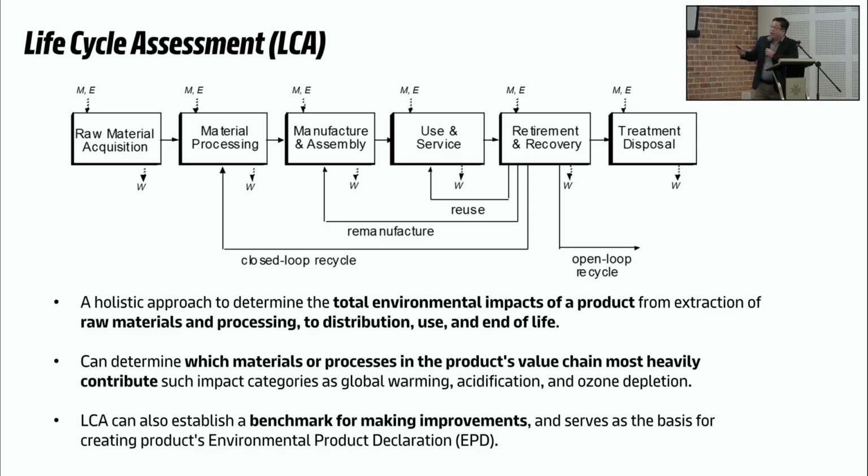When we have the data of all these things, by breaking it down, we can tell which material processes in the value chain contribute most heavily to climate change, which process contributed the most carbon emission along the way. And that gives the benchmark for new manufacturers to make improvements to make the product better and greener along the way.